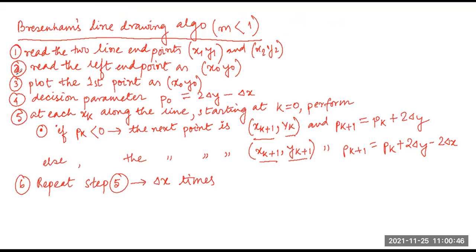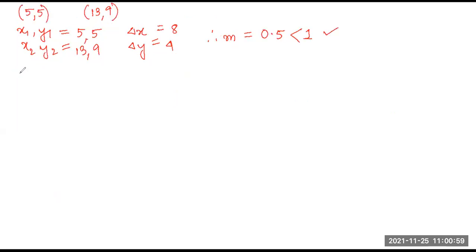What is the first line? It says read the two line endpoints, which we have already read. What is the next line? It states start with the first left endpoint as x0 and y0. According to my sum, the value of x0 and y0 is 5, 5.